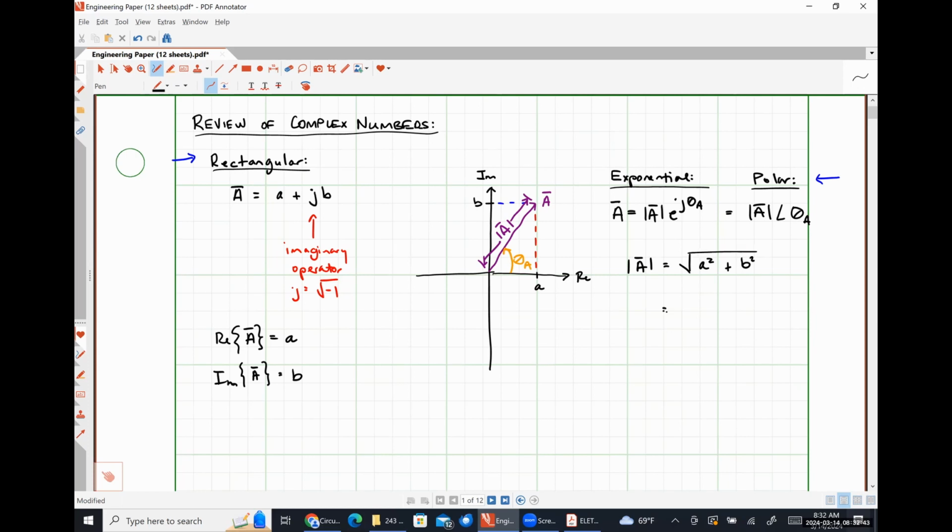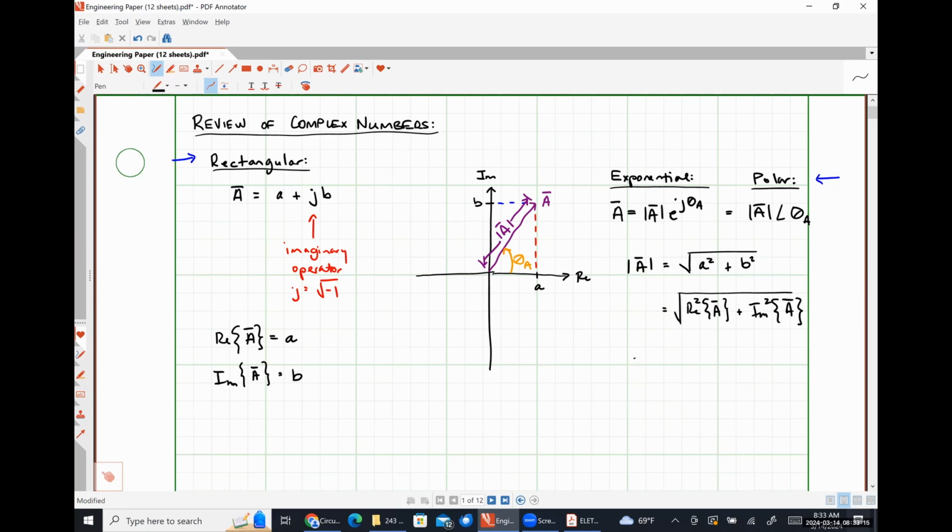And we can explicitly state this as the square root of the real part of A squared plus the imaginary part of A squared. Okay. So that's our definition for our magnitude, just based on simple mathematical relationships that we should be familiar with.